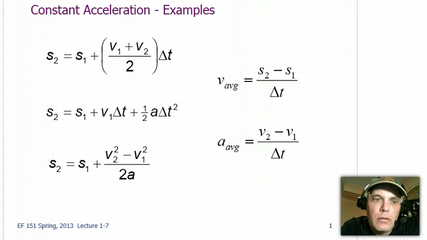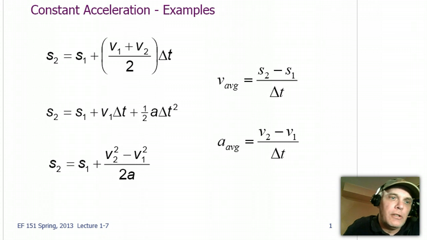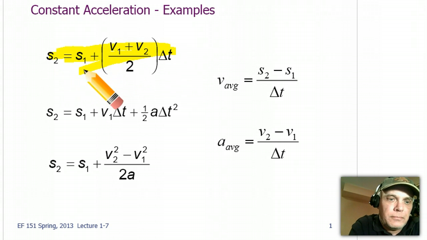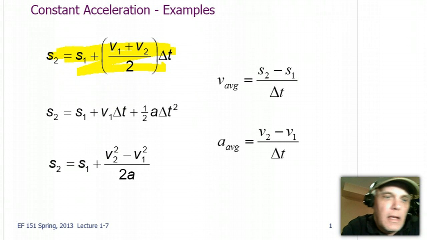We are going to continue our discussion of constant acceleration, and this first slide is just a review of our constant acceleration equations. Remember, we have one that has this form, and there is no acceleration term.